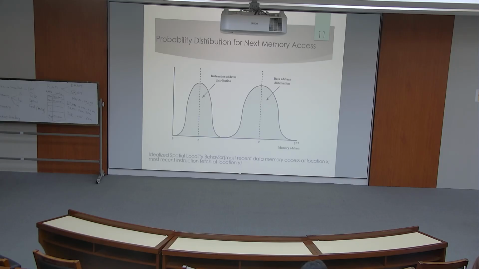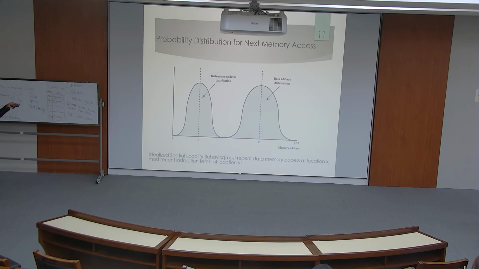Here we have the instruction address distribution, and this is the peak center. The curve has a high height, meaning that we have a higher probability of accessing the nearby instruction.